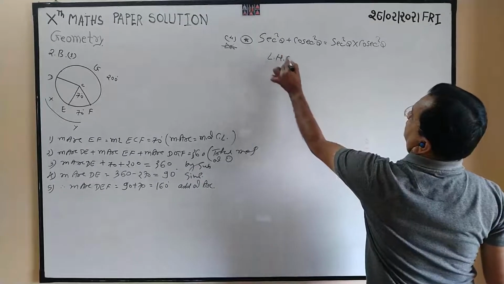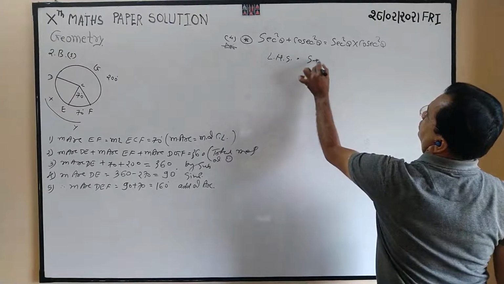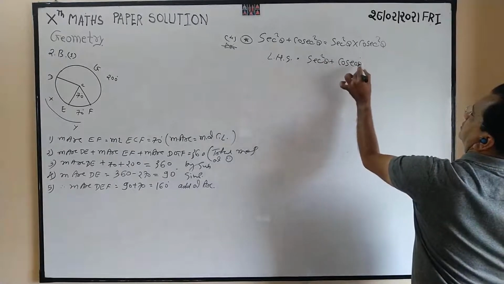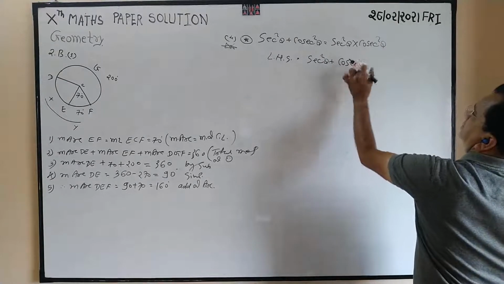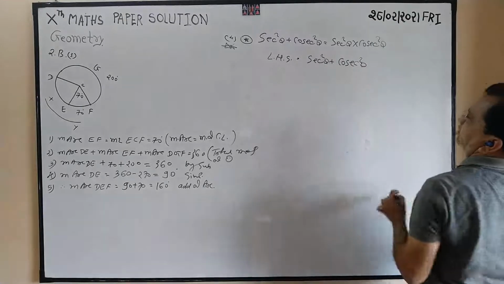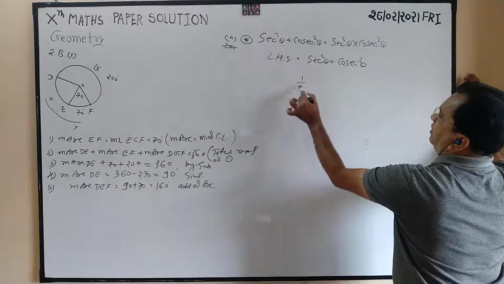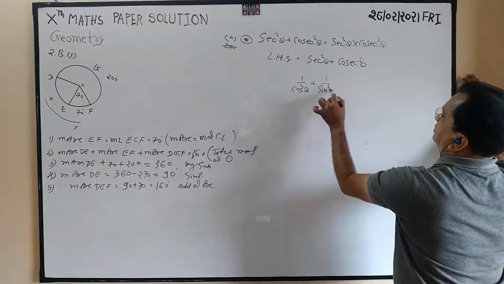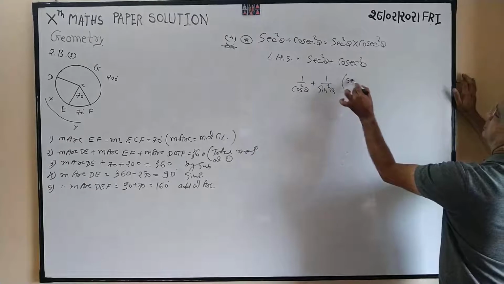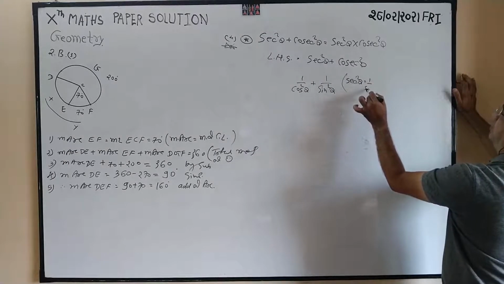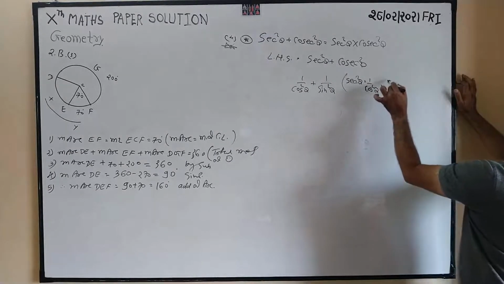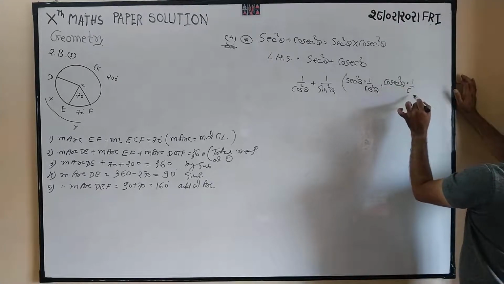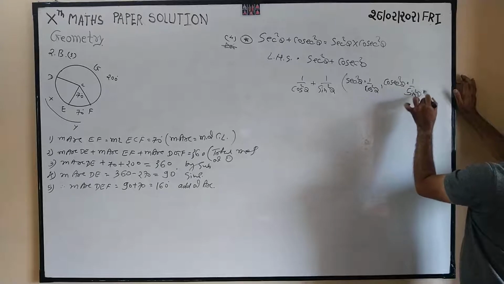So left hand side is equal to sec square theta plus cosec square theta. Now this is 1 by cos square theta. This is 1 by sin square theta. Why? Because sec square theta is equal to 1 by cos square theta. Cosec square theta is equal to 1 by sin square theta.